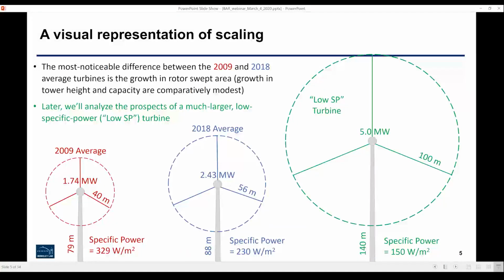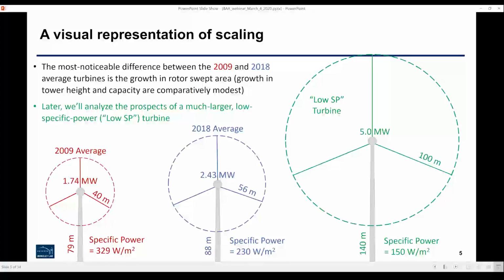I have heard of some 2 megawatt machines built on a bit of a prototype basis in China that have approached the 150 watts per square meter level, but that target is obviously much more difficult to achieve for a larger capacity turbine because your blade needs to be that much longer.